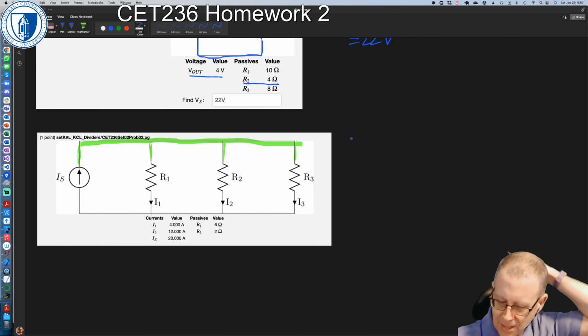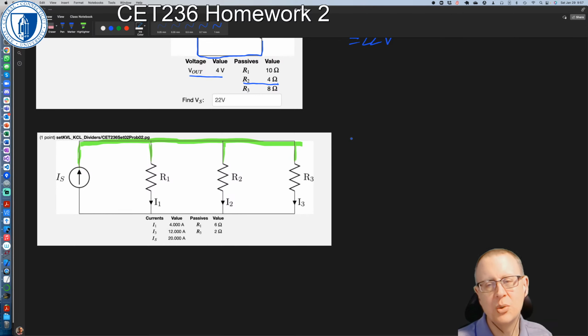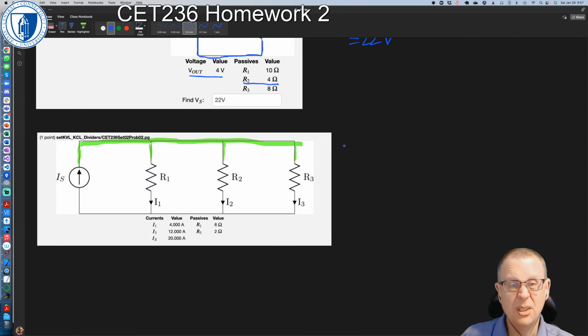So one way to use Kirchhoff's current law is to say that the currents flowing into the node equal the currents flowing out of the node, right? So in this case we could say that IS equals I1 plus I2 plus I3.